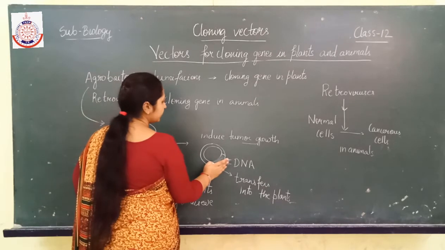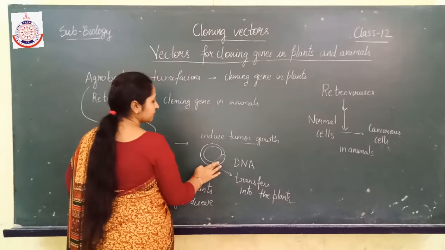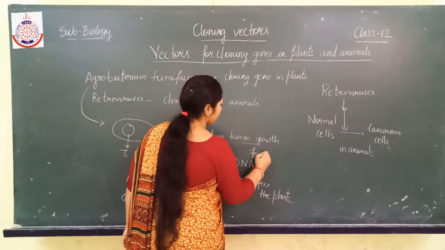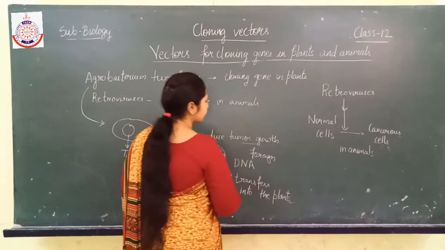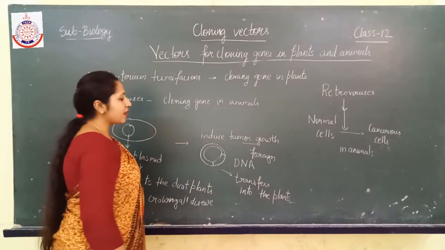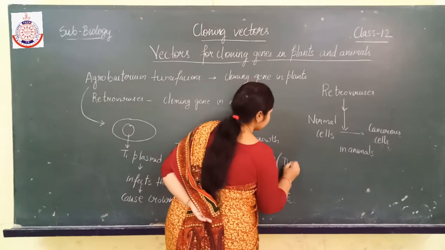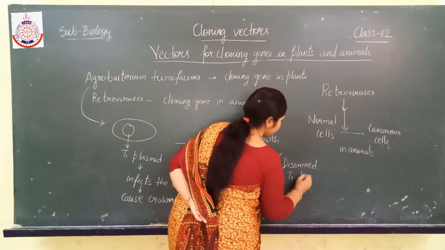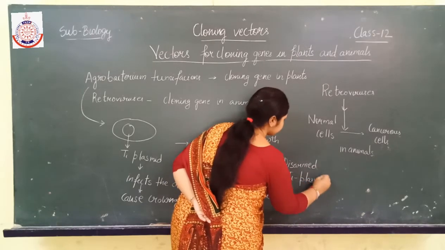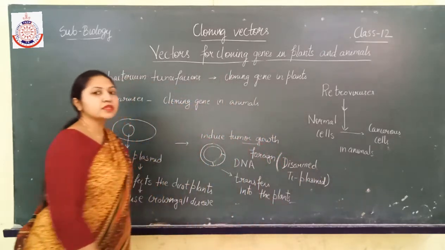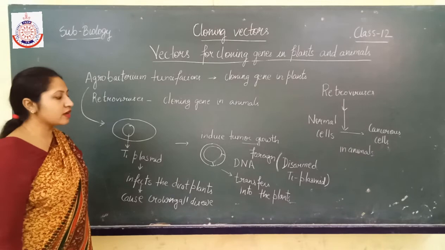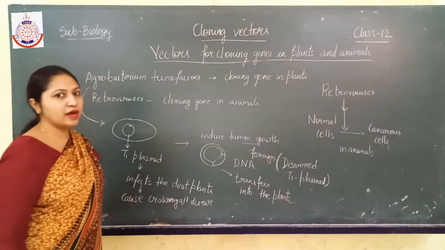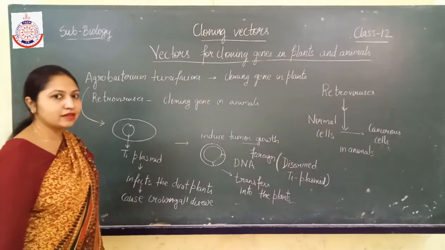If this tDNA region is removed, and in place of this tDNA the foreign gene or foreign DNA is inserted, now this Ti plasmid will become a disarmed Ti plasmid. In this manner, this Ti plasmid is used for transformation of the foreign DNA into the host plant cells for producing the desired characters.